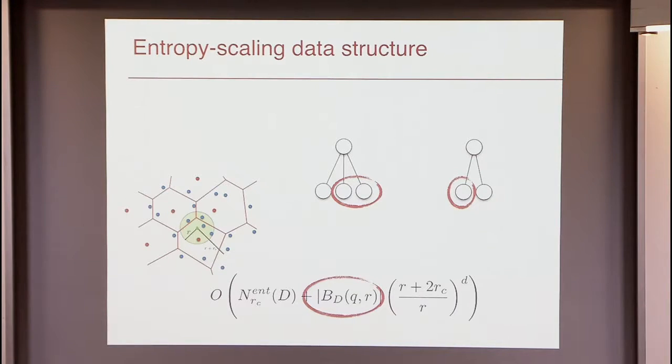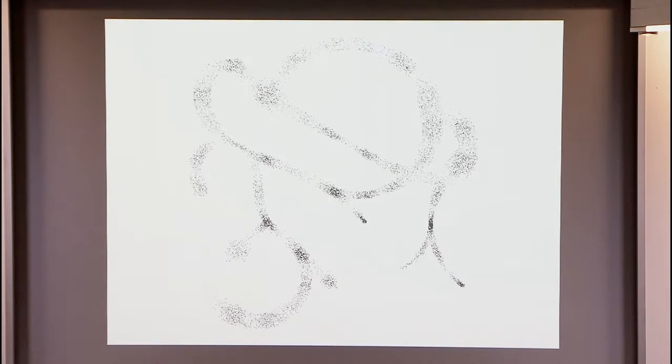So the key here is that, I think I showed you with that earlier picture, this is, in practice, much smaller than the number of points in the database, but also that the fractal dimension is quite low.